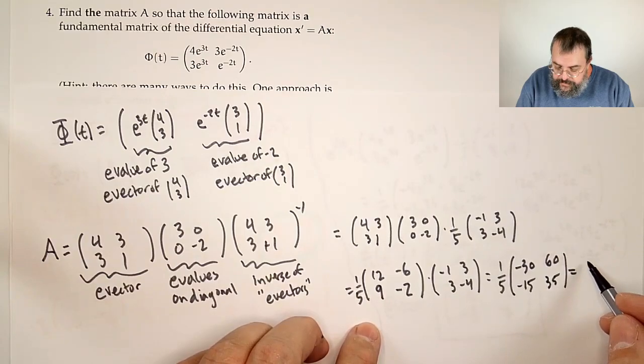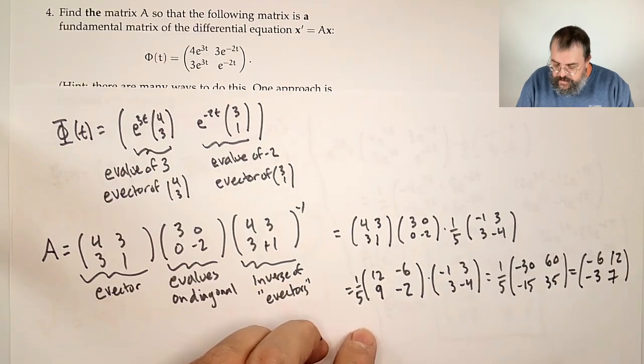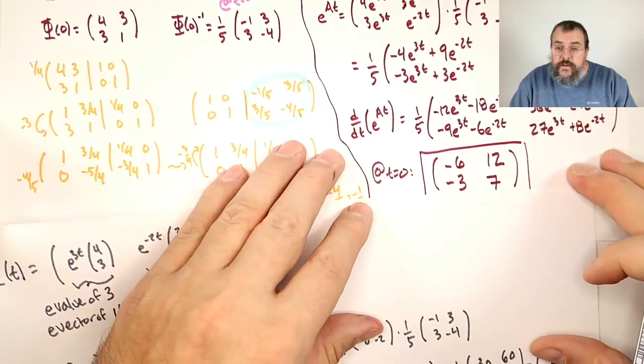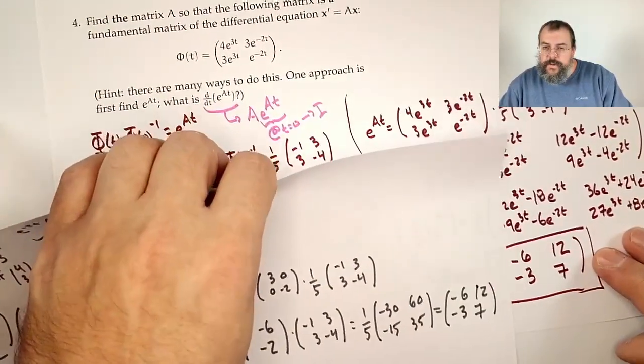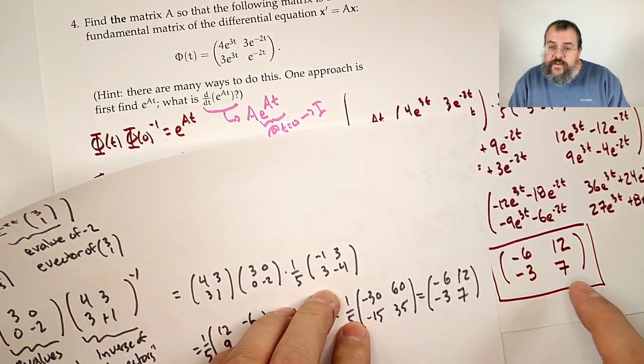And if you multiply the 1/5 through, you'll get [-6, 12; -3, 7]. Let's see, where can we get them both on? [-6, 12; -3, 7]. [-6, 12; -3, 7].